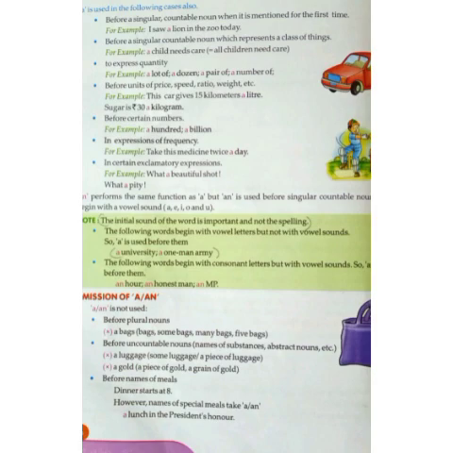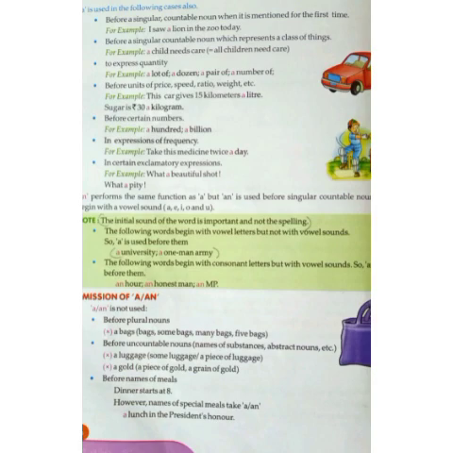Plus one more criterion which you have to keep in mind in the uses of an is that this singular countable noun must begin with a vowel sound. I repeat, it must begin with a vowel sound and not with a vowel letter. Most often, students make the mistake that whenever they see any word which starts with a vowel letter, they start writing an.